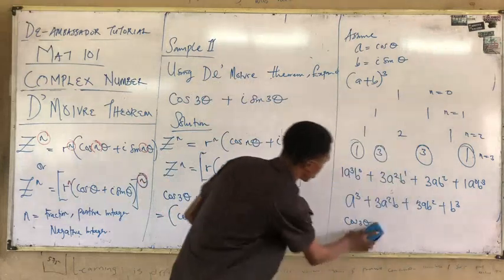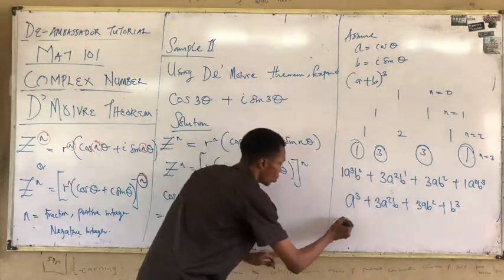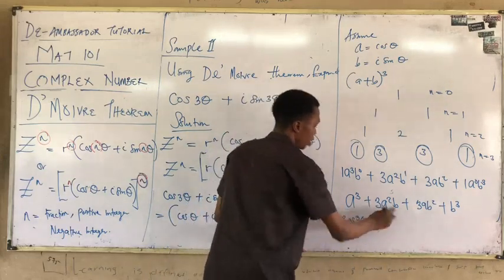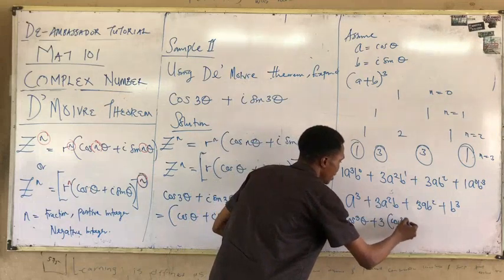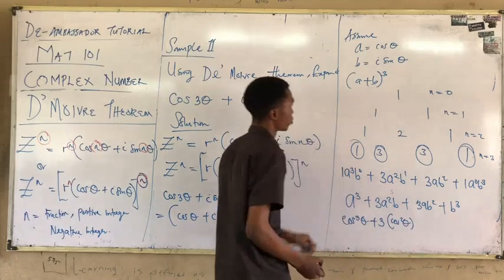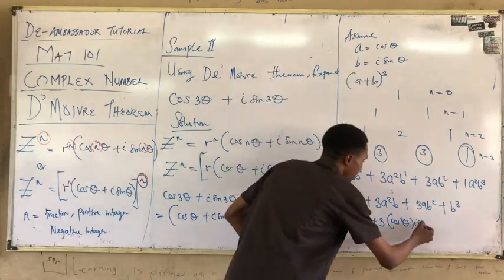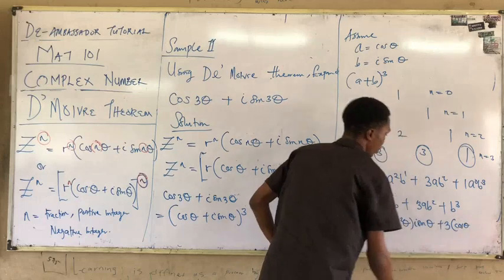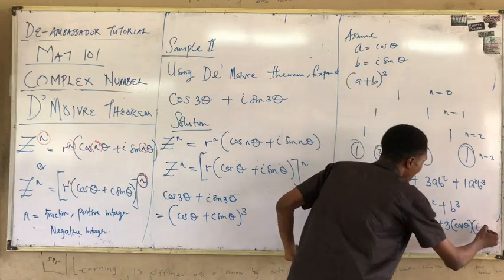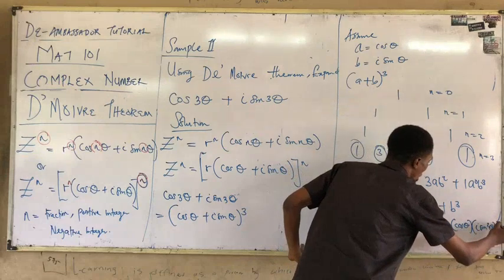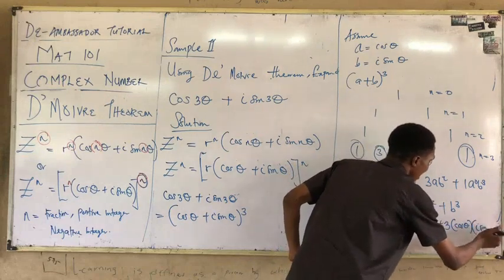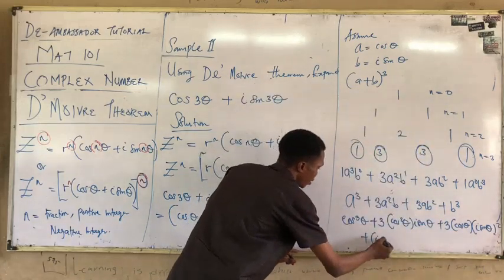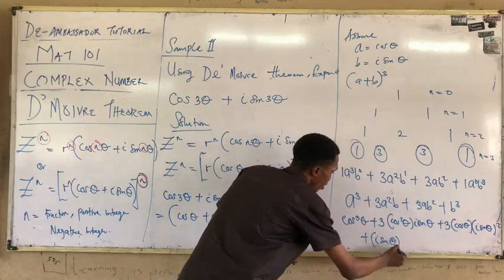So in this case, here should be cubed. This is cos cubed theta plus 3 cos squared theta times I sine theta, plus 3 cos theta times I sine theta all squared. Then the last one is I sine theta to the power of 3.